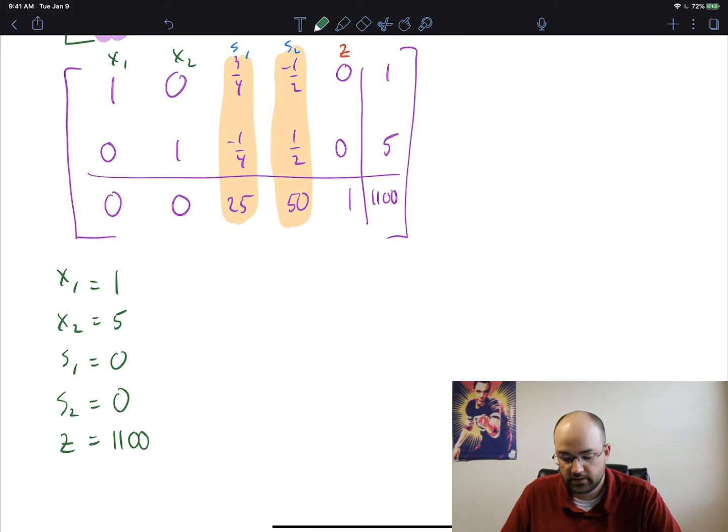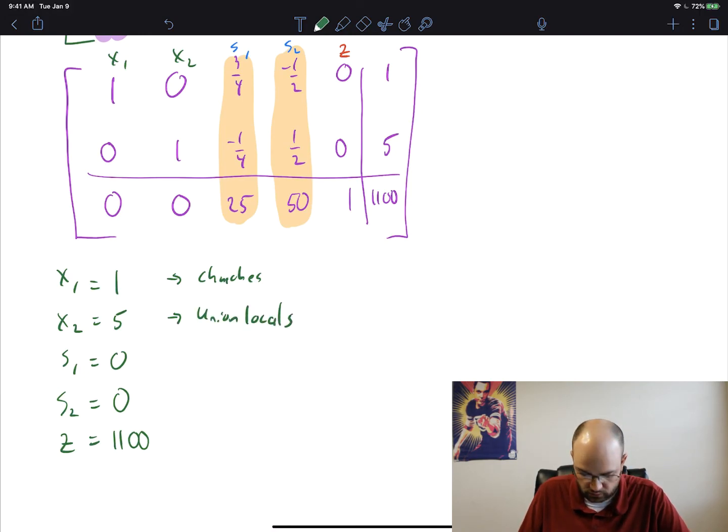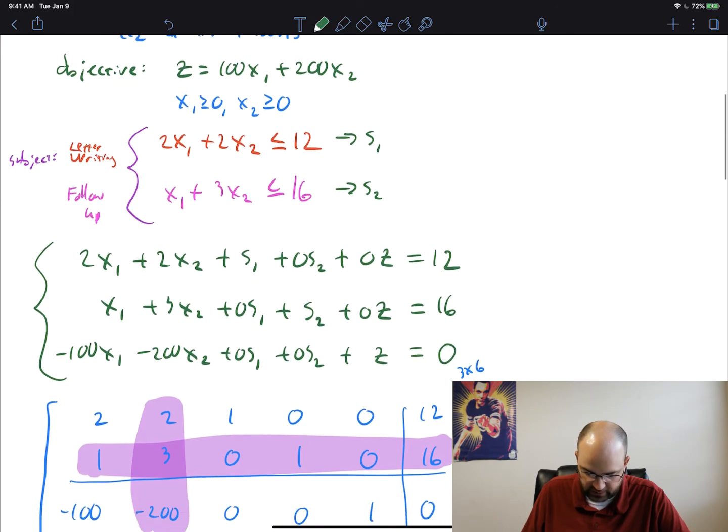Good deal. So, what do all of these represent? Remember, x1 is the number of churches. x2 is the number of union locals. S1 represented the number of letter writing hours.